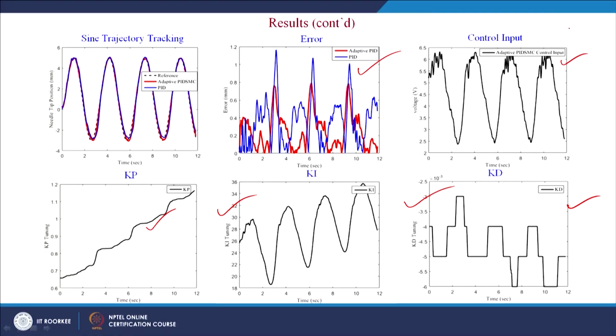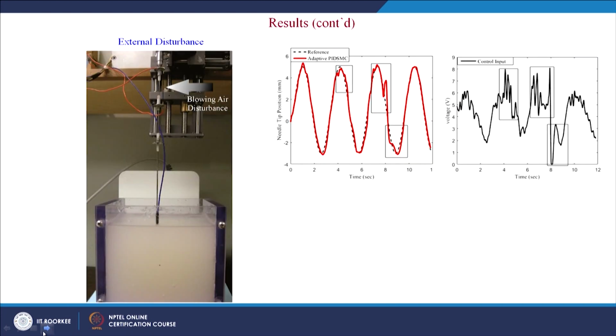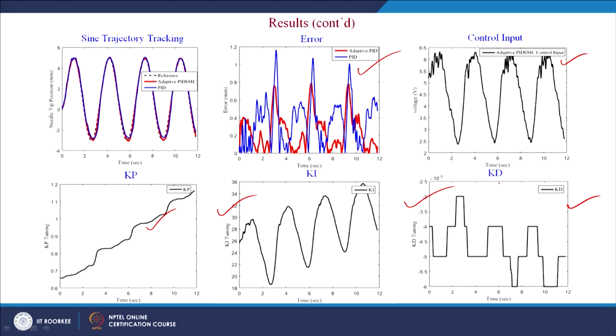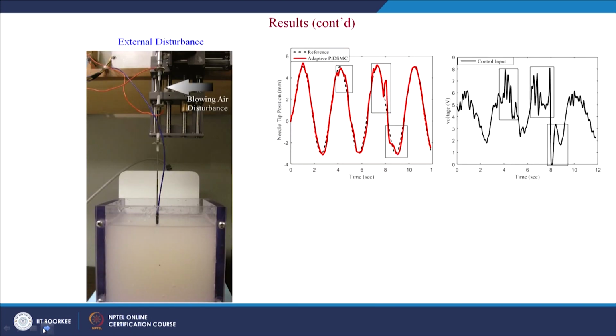It should track the trajectory and not disturb the healthy tissue around the trajectory or in the neighborhood of the trajectory. That is why we have seen that the Kd value, for both the multi-step trajectory and the sinusoidal trajectory, is less compared to the Ki and Kp values.